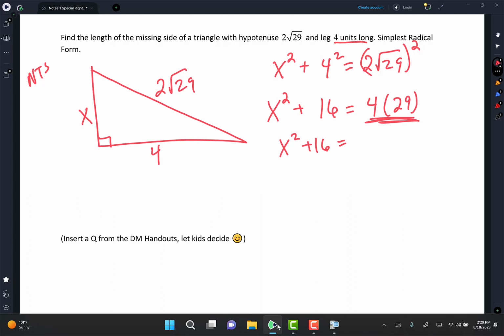Relax. You can do it with a calculator, I know. But you can also do it without a calculator like this. Here's how I would do it. 29 is really close to 30. I can do 4 times 30 pretty easily because I know what 4 times 3 is. 4 times 3 is 12. So 4 times 30 is 120.